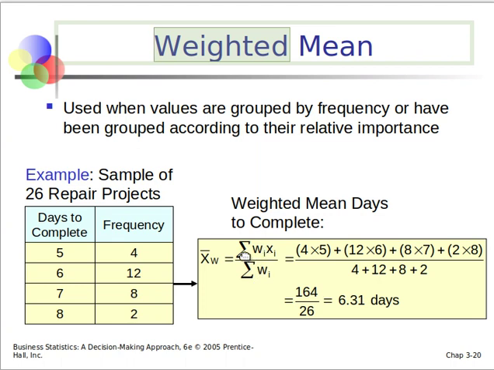We take the sum of w sub i multiplied by x sub i and divide that sum by the sum of the w sub i, which by substitution in this sample, we multiply 4 times 5, plus 12 times 6, plus 8 times 7, plus 2 times 8.